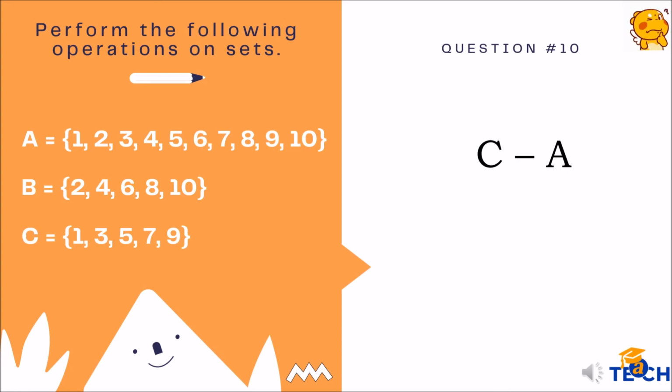And here we have what's the difference between set C and set A? Okay, the difference between set C and set A is, that's correct, an empty set. Meaning, all of the elements in set C can be found in set A. So we have an empty set.